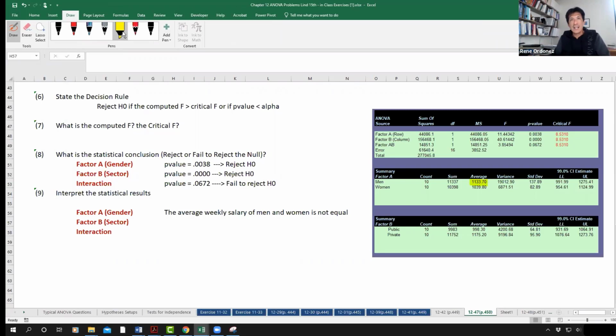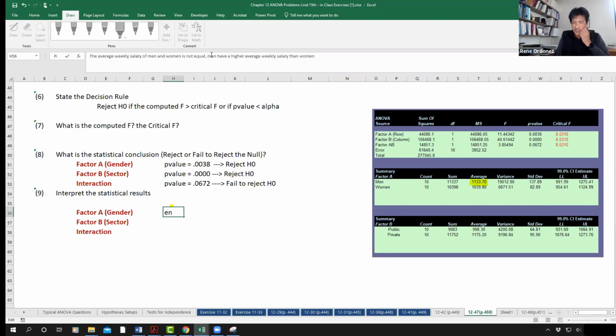The average weekly salary of men is 1,133.7, which is greater than the weekly salary for women. So we can further qualify this and say men have a higher average weekly salary than women based on this data.